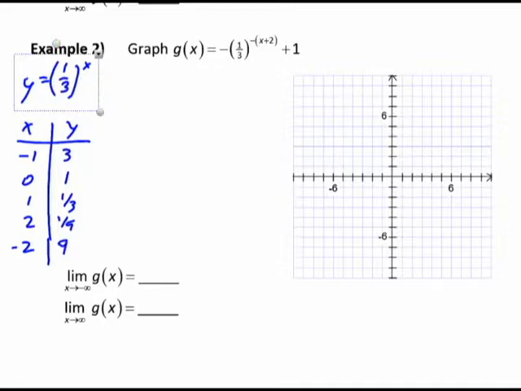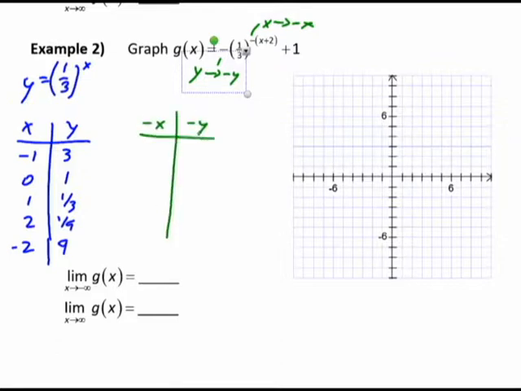Next, we identify and apply any stretches or flips. Our new center is -2, 1. We always have a horizontal asymptote, no matter how many flips we do.